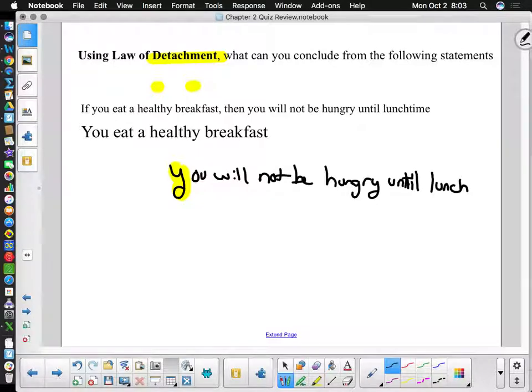Now, what if instead of the second part being you had a healthy breakfast, what if I had given you this? You are not hungry until lunch. Could you assume that you had a healthy breakfast? No. Remember, law of detachment is a one-way street.